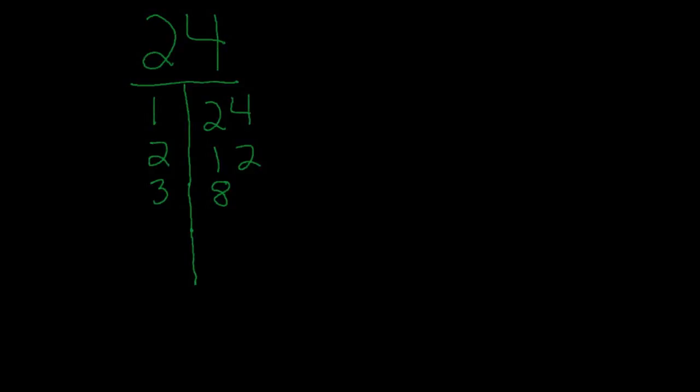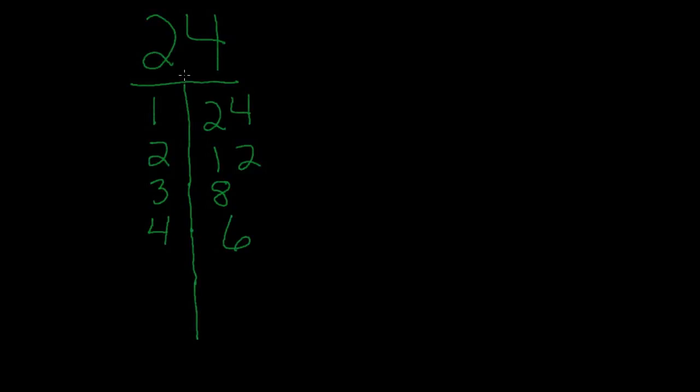that rule for 4 is if the last 2 numbers form a number that's divisible by 4, then 4 is a factor. So we only have 2 digits, of course, so it's a little bit more difficult. But if I know that 2 is a factor of a number, I also should check to see if 4 is a factor. So in this case, 4 is a factor of 24, so 4 and 6 would be the factor pair.